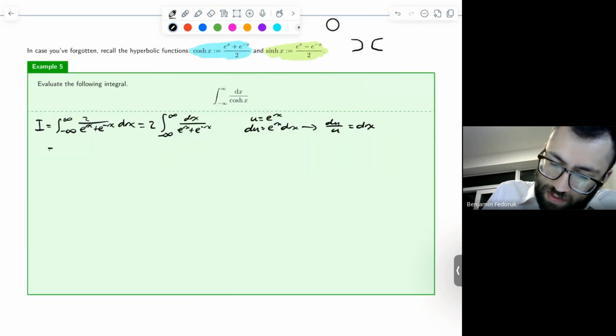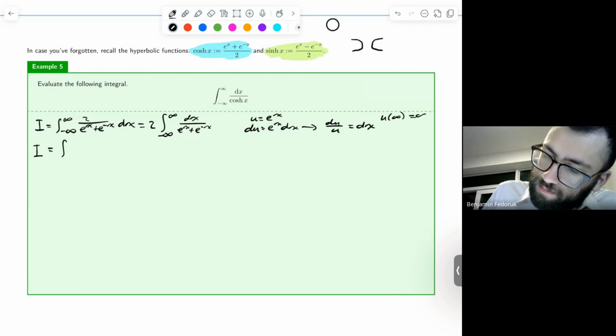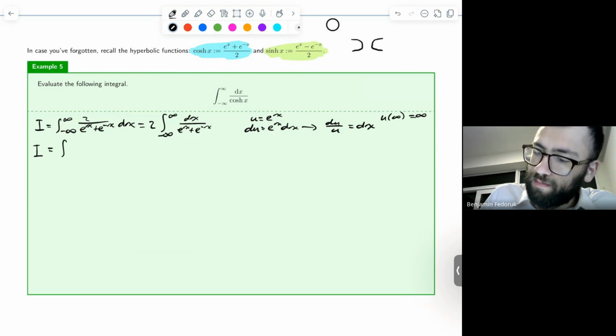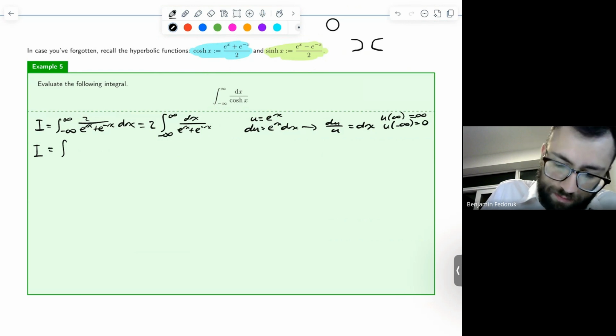And I should be able to keep going here. We should also plug in our bounds. So u at infinity is going to be infinity, since e to the infinity is infinity. And u at negative infinity, the limit as you approach negative infinity of e to the x is 0. So we get this.